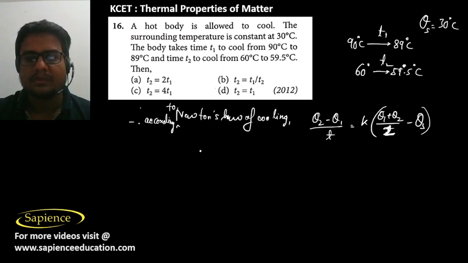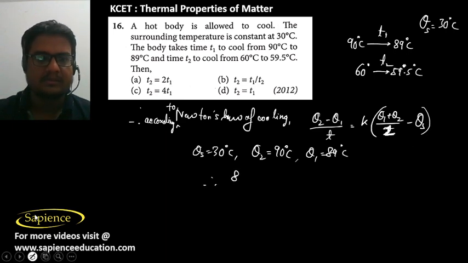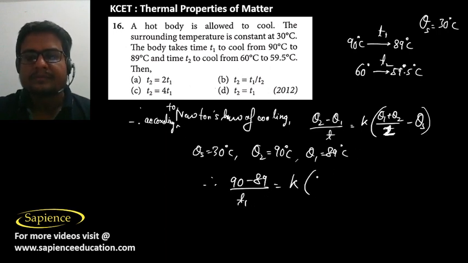So here in the first case, theta s is 30 degrees Celsius and theta 2 is 90 degrees Celsius, and theta 1 is 89 degrees Celsius. So we can say that (90 minus 89) by t1 is equal to k into ((90 plus 89) by 2 minus 30).